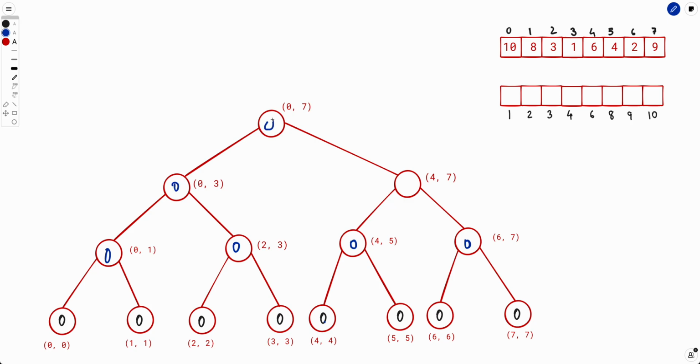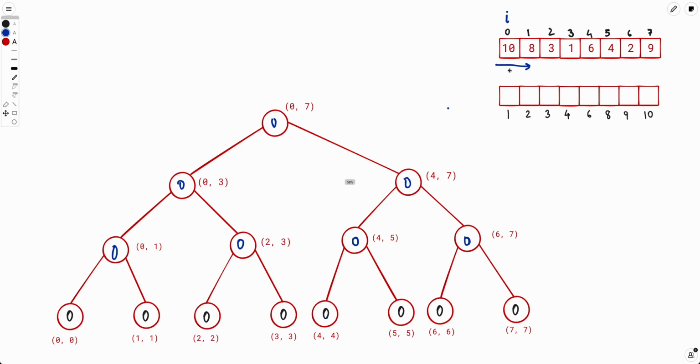Now after that, as we have discussed, we will simply iterate over the array from left to right, right? So we are currently at index 1. Now for this particular index, we will look at, okay, this index maps to index number 7, right?